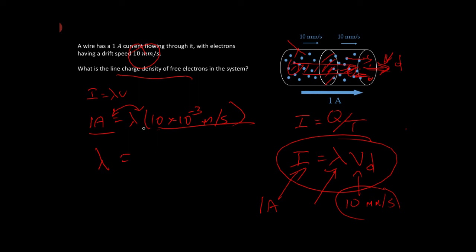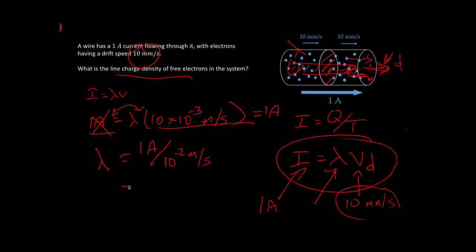So that's lambda equals 1 amp over 10 times 10 to the minus 3, which is 10 to the minus 2 meters per second.